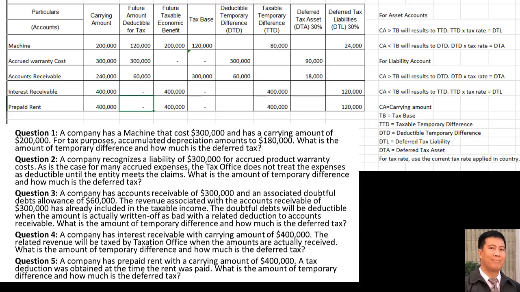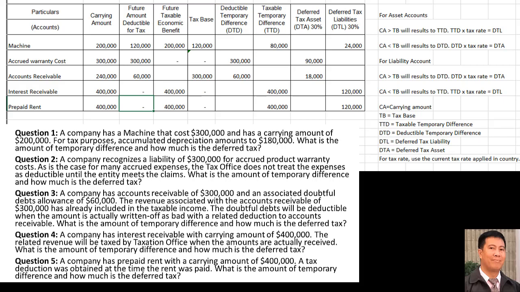No. So IRC says, sorry, it does not exist. As per accounting standards, it should exist because we are accruing interest revenue. But as per IRC, it doesn't exist.